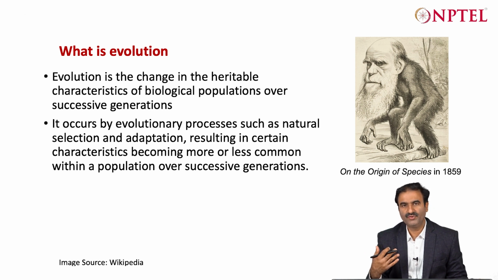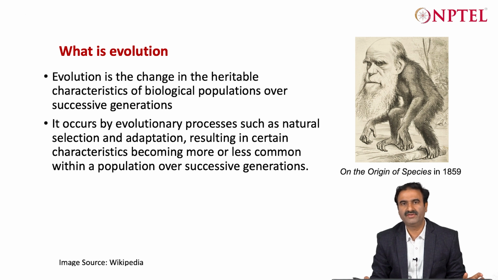Those changes that are advantageous get selected, that is natural selection, right? Each species tries to survive in the environment and adapt, so that is survival of the fittest, and the changes that are heritable and advantageous are taken forward. This way anything and everything that we see around us has evolved.